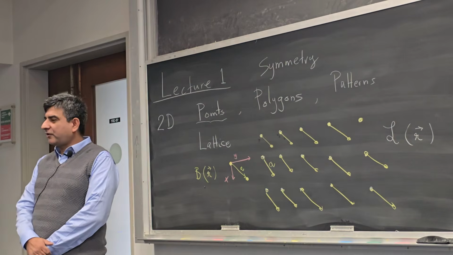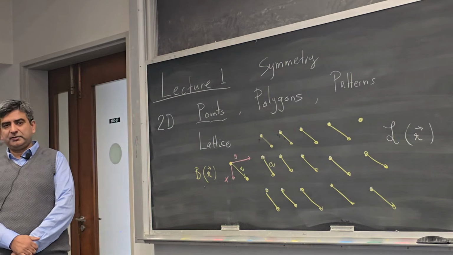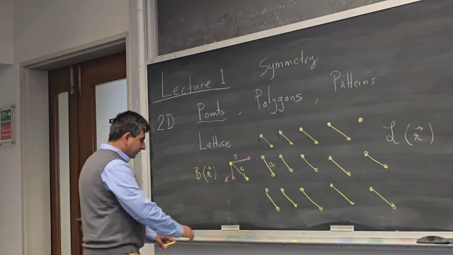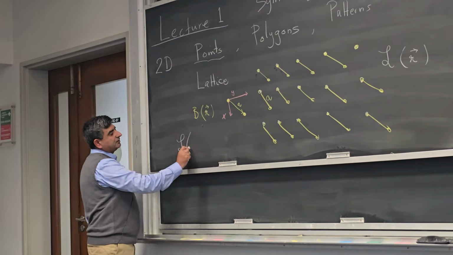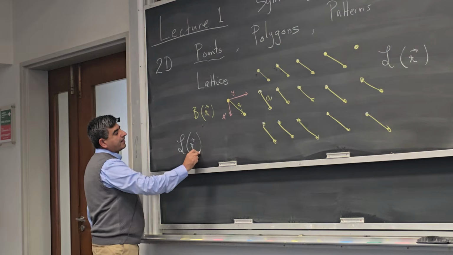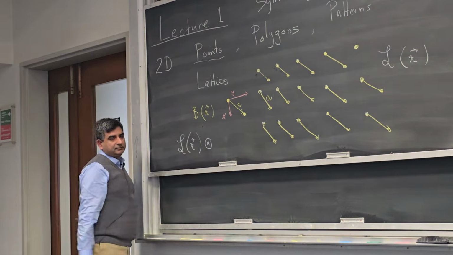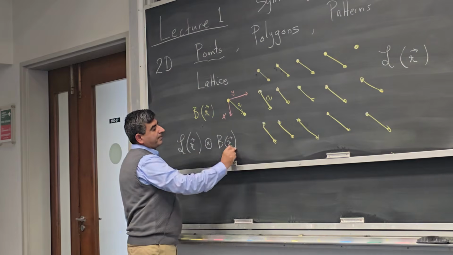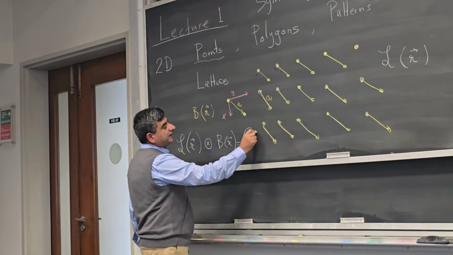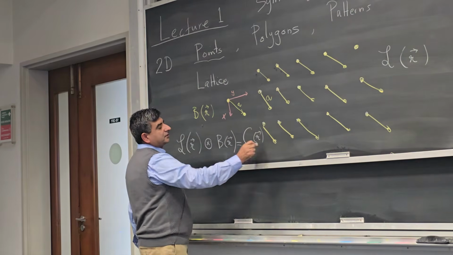It's a close analog of multiplication. It's called convolution. So what I would need to do is take this lattice function and convolve it with the basis function. Overall, that will achieve the crystal structure, C.